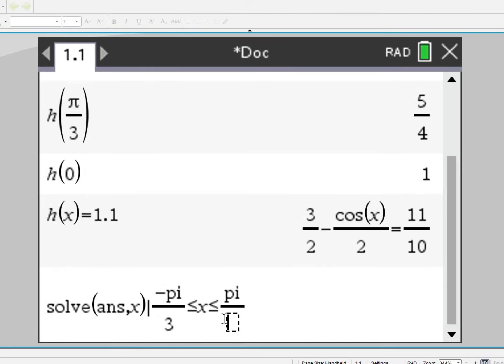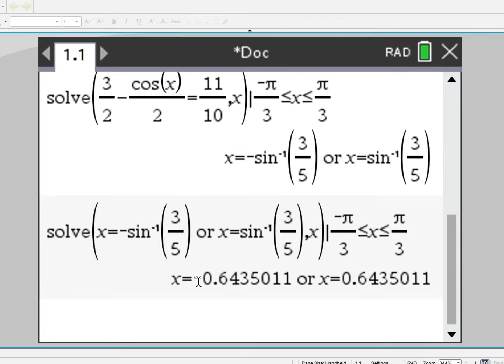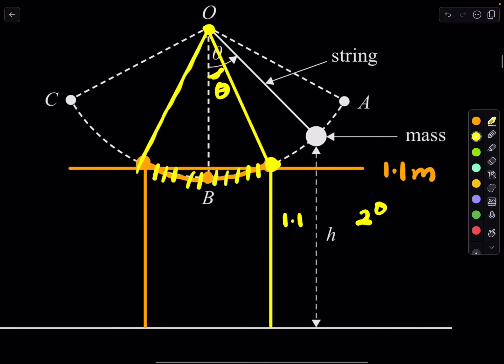Beautiful. And there it is. We get 2 values. It makes sense. And you can see that they are symmetrical. And these are your actual angles, in radians. So let's come back to our paper. So basically this lets me know that this angle here is 0.6435 approximately, because it's 1.1.